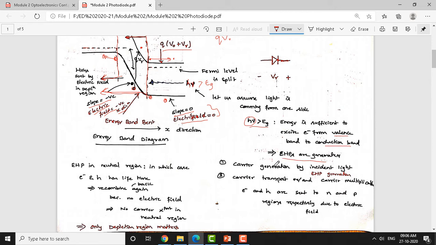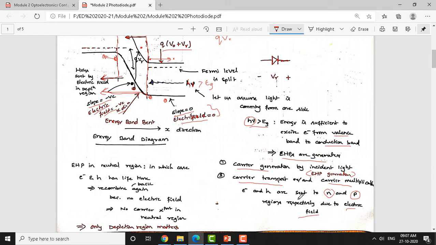Once electron hole pairs are generated, this entire process is split into two. One is carrier generation, the other is carrier transport, or carrier multiplication, what we call. The carrier generation creates electron hole pairs, and in the carrier transport mechanism, electrons and holes are sent to the N region and P region respectively due to the strong electric field in the depletion region.